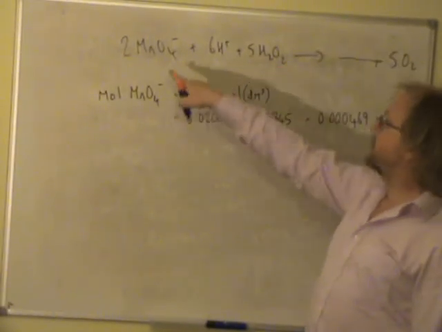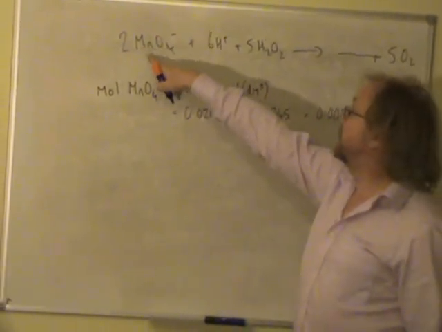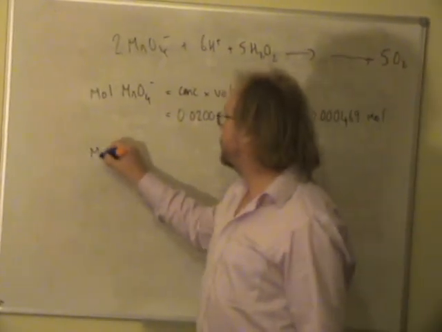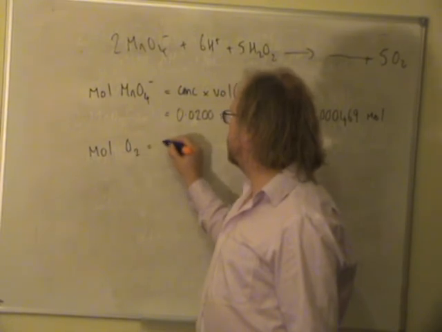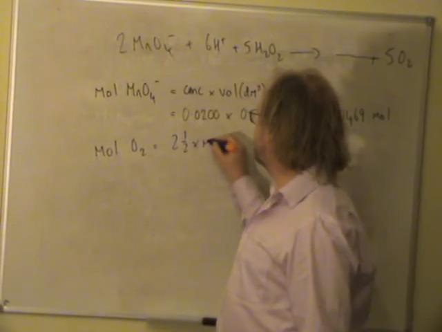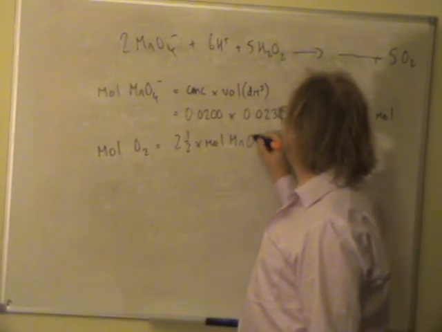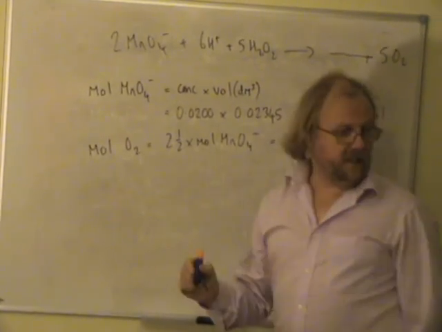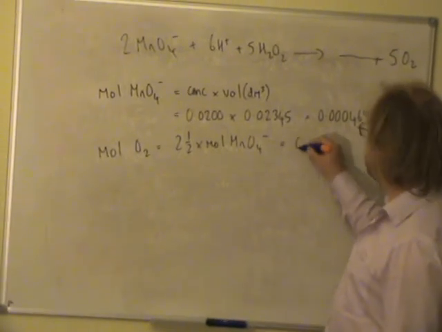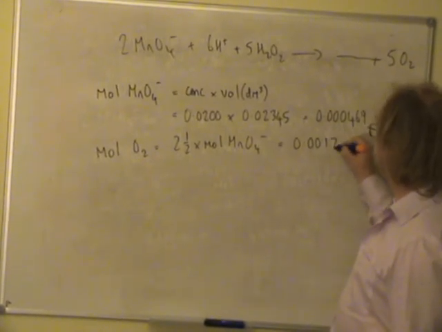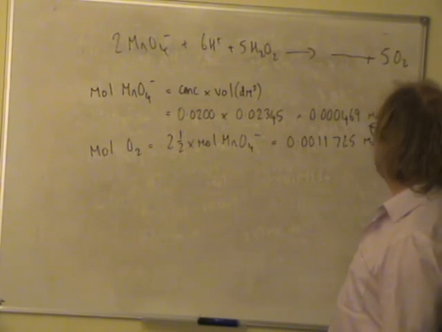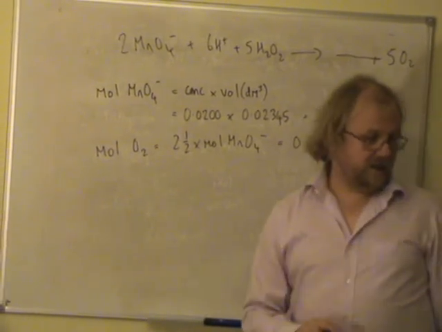So again, we've got to multiply by 2.5, because every 2 moles of MnO4 minus go to 5 moles of O2. So we get moles of O2 is 2.5 times the moles of MnO4 minus, or you could say it's the same as the moles of H2O2, which you've already calculated is 0.0011725 moles, same as it was before.